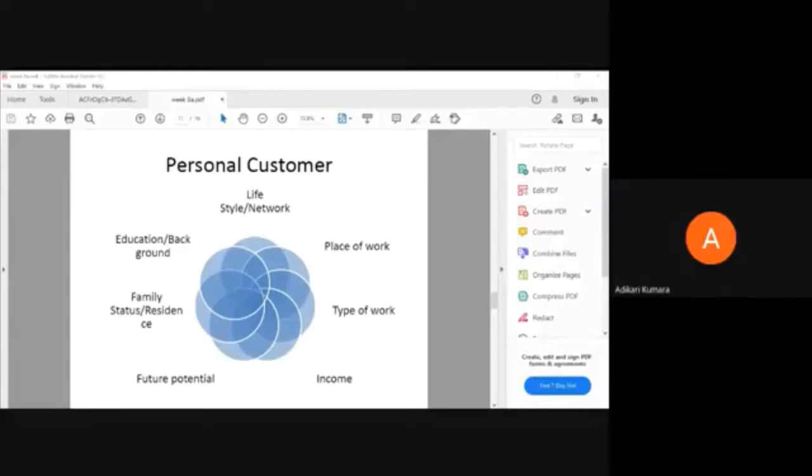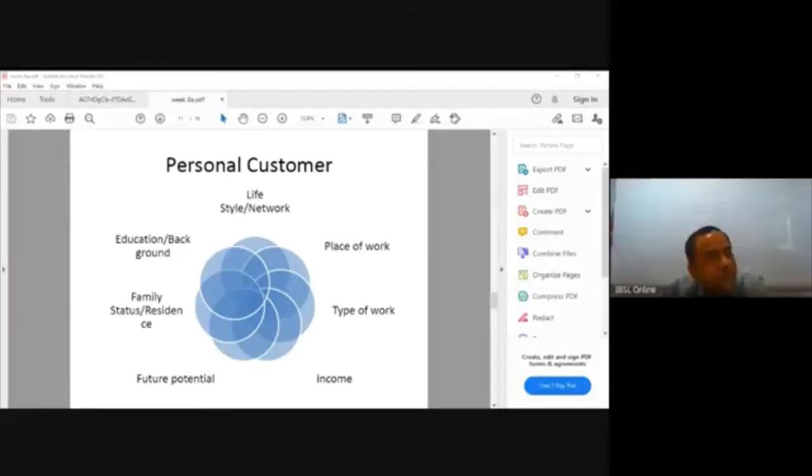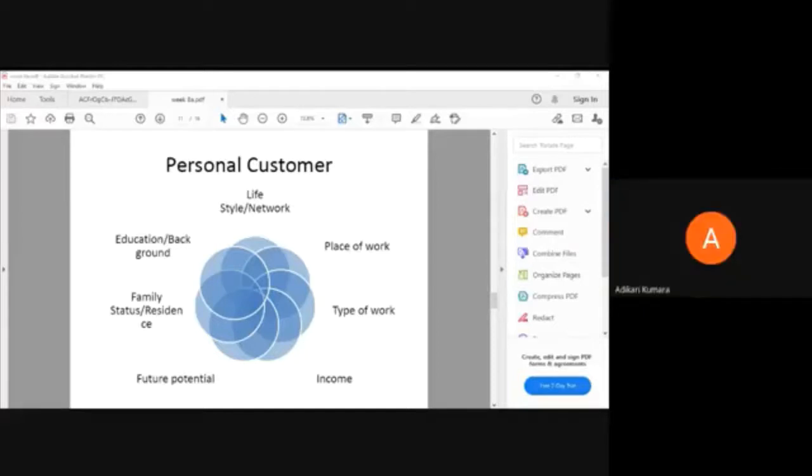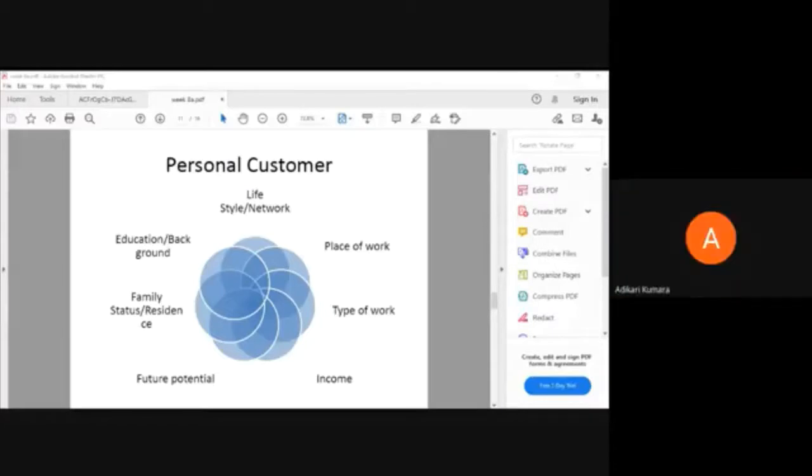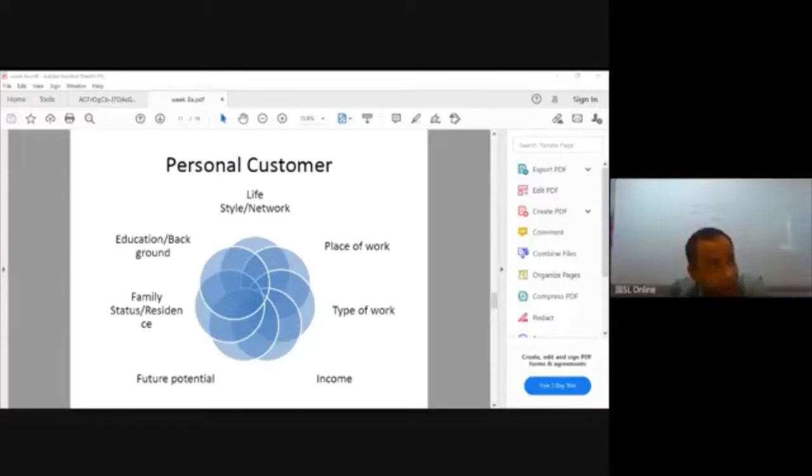Sir, how many questions are contained in this exam paper? There will be 20-mark questions. There will be 5 questions and you will be attempting 3 questions. And then a 40-mark question. So that means 3 plus 1, 4 questions will be there.